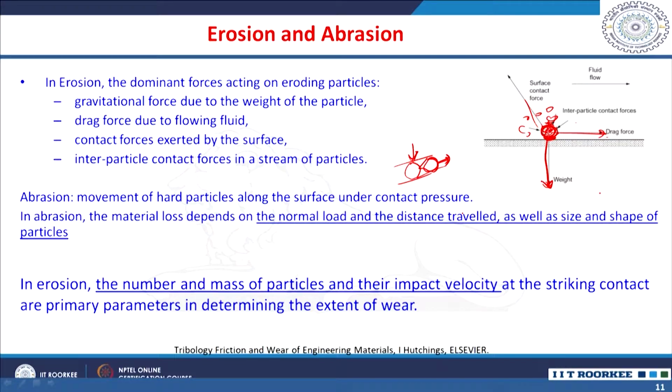So, the number of such particles, and the velocity of those particles having such a mass. So, mass and impact velocity lead to kinetic energy. The number and the kinetic energy of the particles striking the surface lead to the wear.